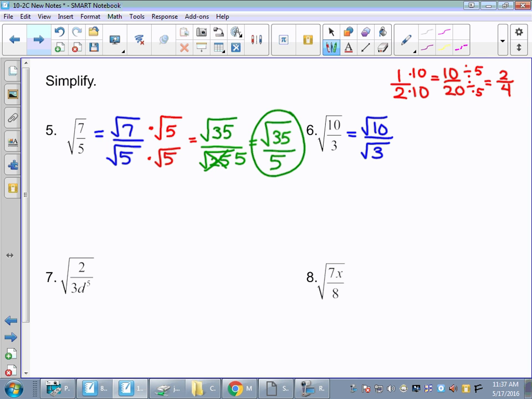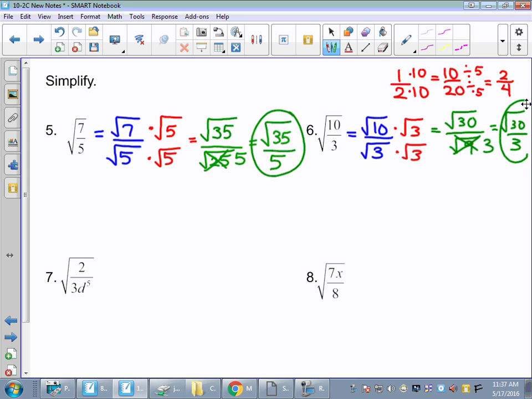So I'm going to multiply by the square root of 3, multiply by the square root of 3, and in doing so, I create a perfect square in the denominator. And so 10 times 3 is the square root of 30, and 3 times 3 is the square root of 9. The square root of 9 is 3, so it replaces it. And my final answer is the square root of 30 over 3.